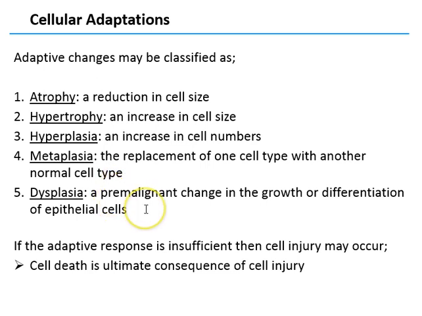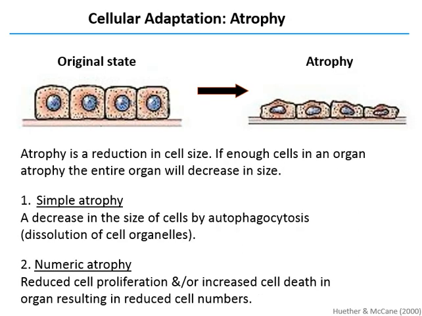A less desirable type of change is dysplasia. This word comes from the Greek term meaning bad formation. The cells here may be indicative of precancerous changes. They're non-reversible. It's important to note that if the adaptation is not enough for the new conditions, the cells may become injured or even die. I'll discuss some of the ways that cells can adapt over the next few slides.